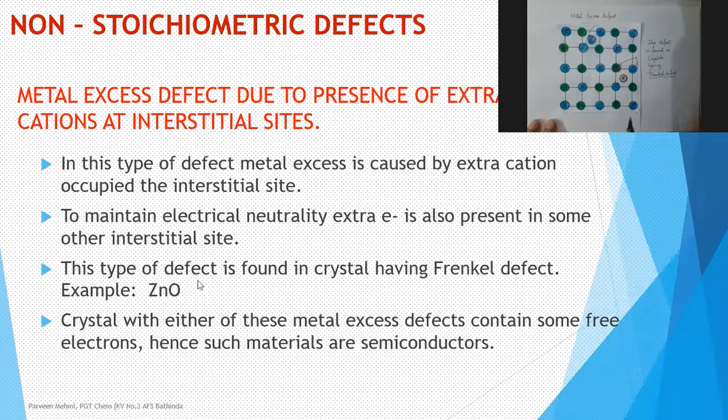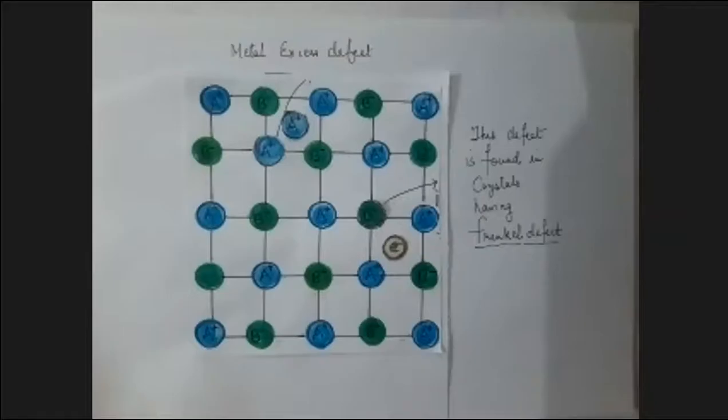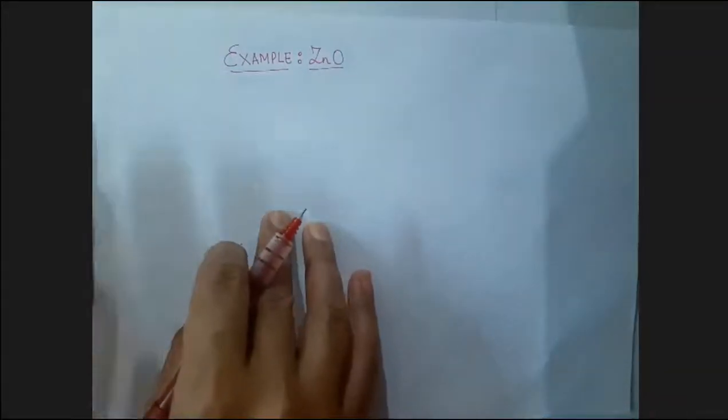This defect is found in crystals having Frenkel defect. Example, zinc oxide.